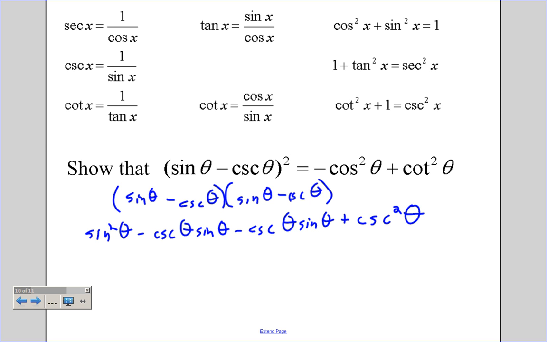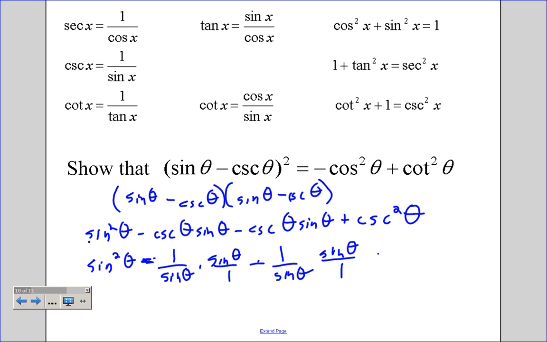All right. So if I have cosecant times sine, let's look at that. That would be just a minus. This is going to be 1 over sine of theta times sine of theta over 1 minus 1 over sine of theta times sine of theta over 1 plus cosecant squared theta.